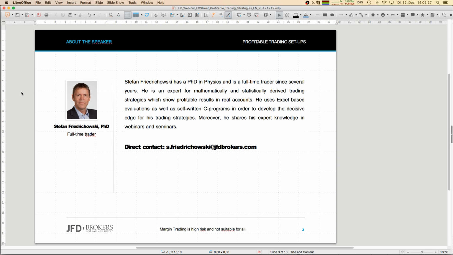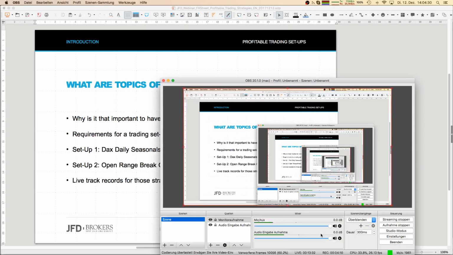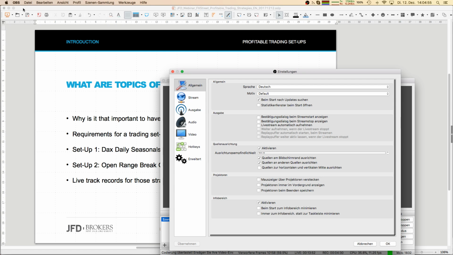If I look at my input screen, everything should work, but I'm not sure. Let me try to enhance everything here.